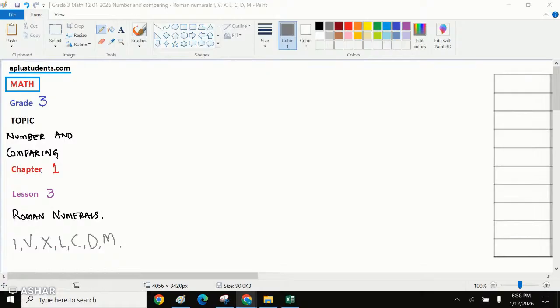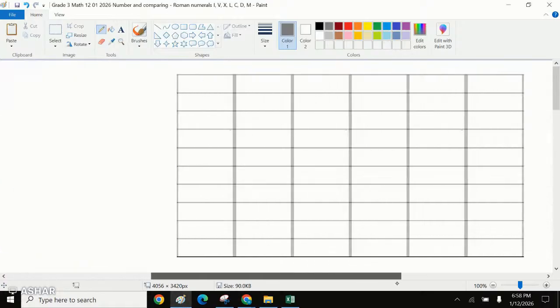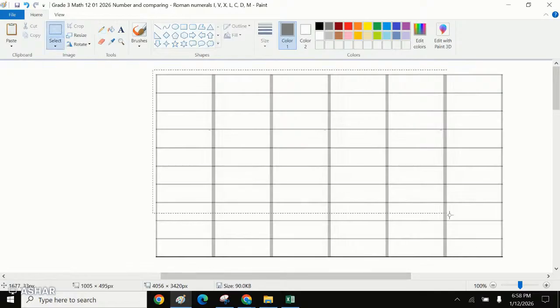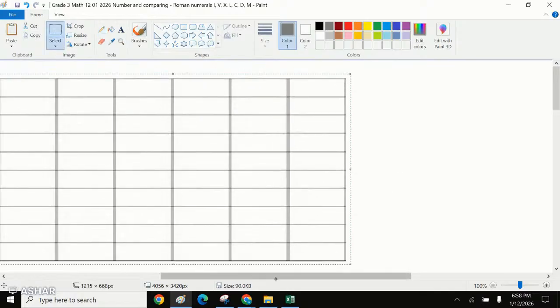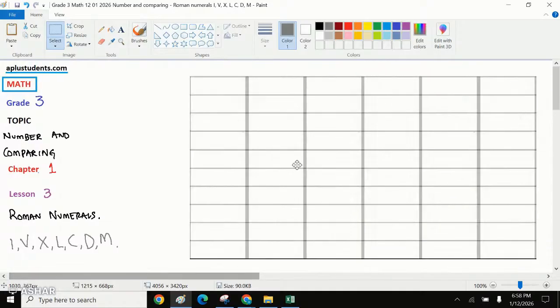Before starting Roman numerals, let's see how they are written down. I'll copy this grid so that we have the values in the grid, because it's easier for us to remember through the grid.